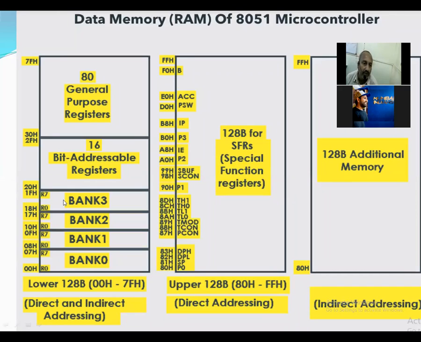From this memory location, it is defined that 1FH is the address of that R7. Now I will ask one more question. If similarly I want to get access to the R0 register, listen carefully, R0 register of bank 2, what is the address of R0 of bank 2?